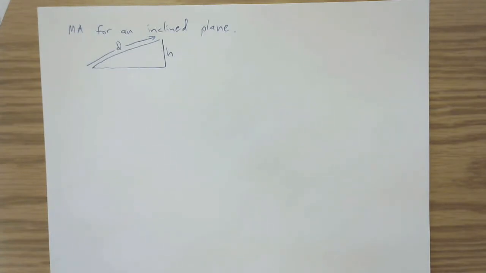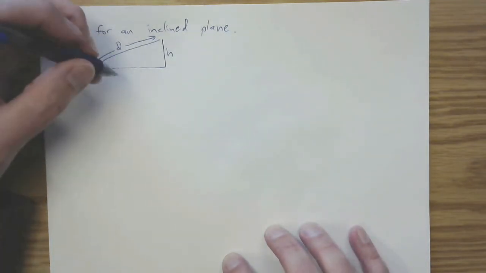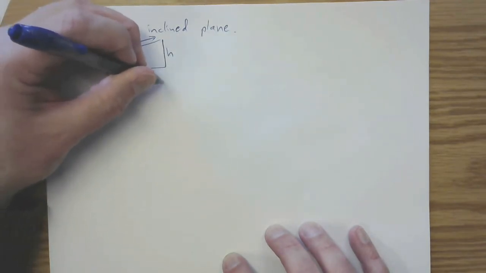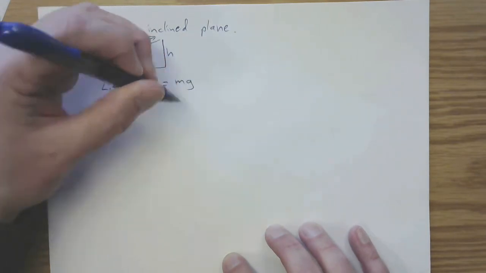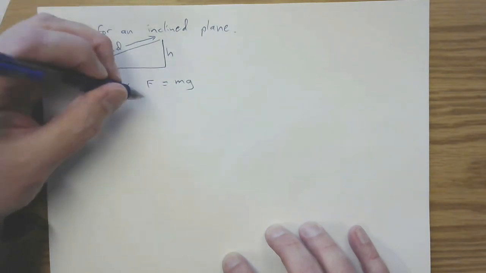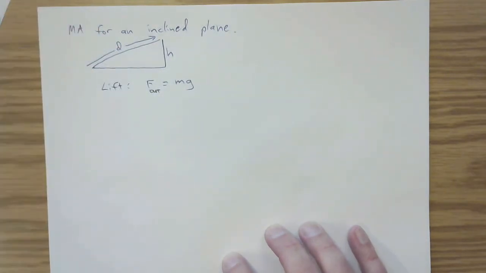You're kind of lessening the effective gravity of the situation. If you just lift, then your force is mass times the acceleration due to gravity. Let's call that one F out. That's your goal.